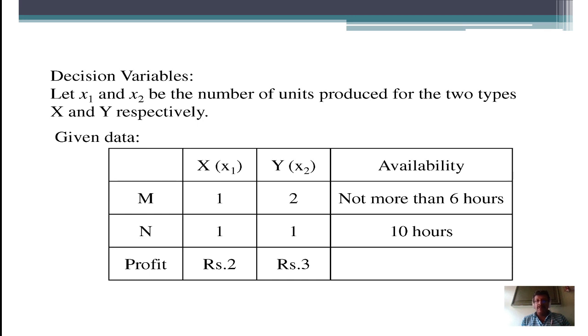So availability is nothing but your conditions. M is not more than 6 hours, N is 10 hours.